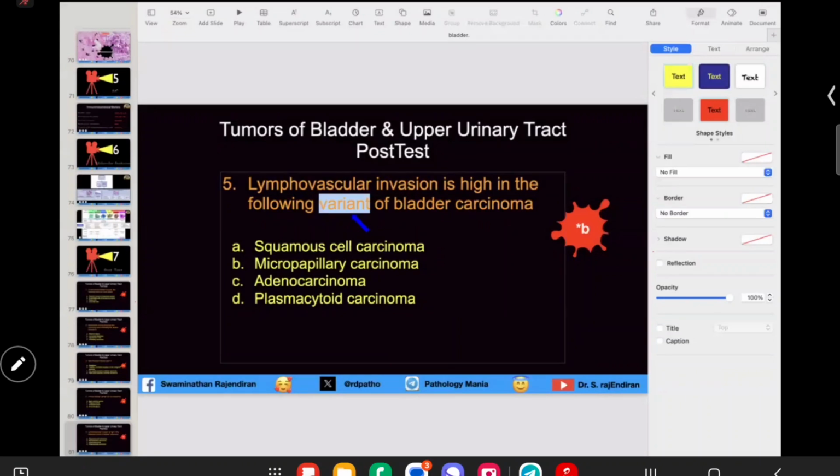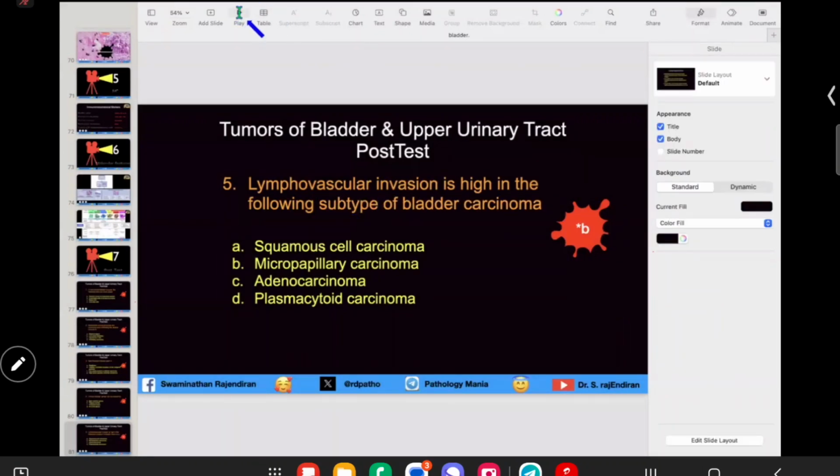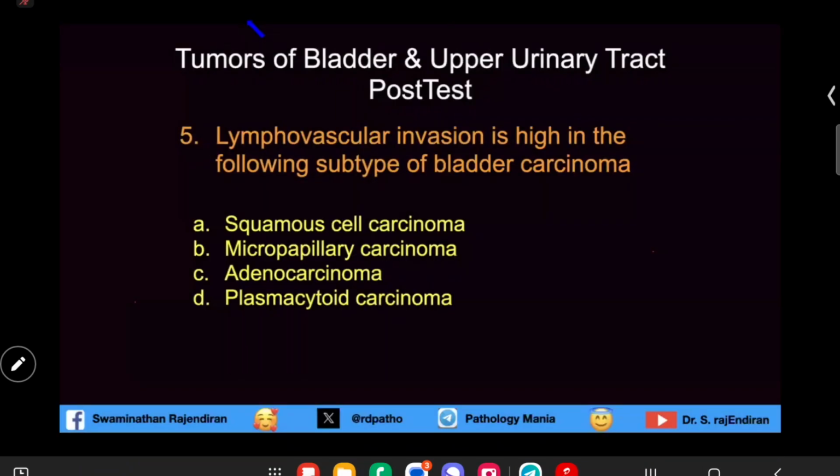Subtype. Sometimes it's very difficult to unlearn and relearn. So lymphovascular invasion is high in the following subtype of bladder carcinoma: micropapillary carcinoma. I hope you all got the answers right in the post test.